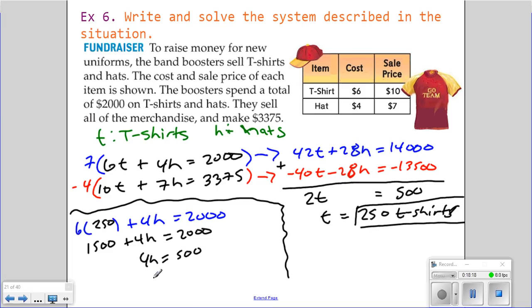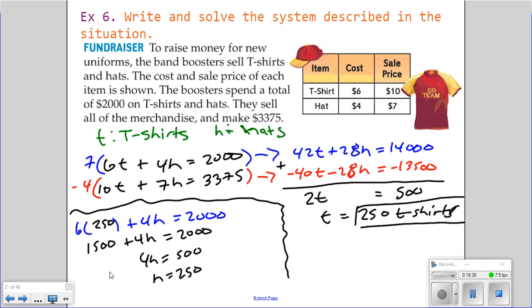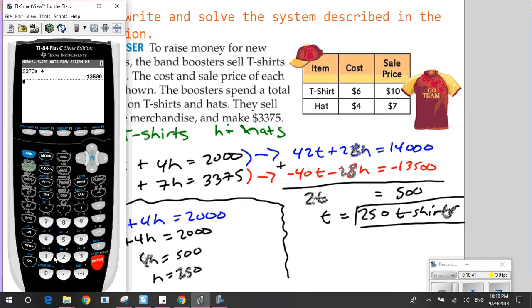Divide both sides by 4. H is equal to, is it also 250? Let me double check. $125. Sorry, guys.